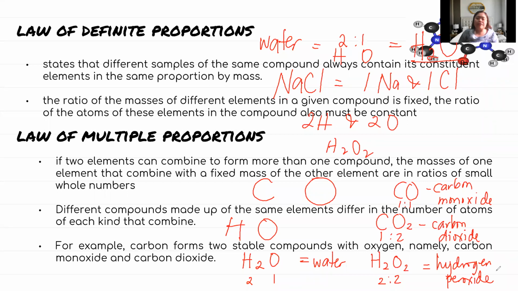That's law of definite proportion. Pero pag moingon kag law of multiple proportions, kaning atong mga elements, pwede ra kayo sila mag-combine in different ratios para mag-form pud ka og different compounds. So, muna siya example, carbon monoxide and carbon dioxide.